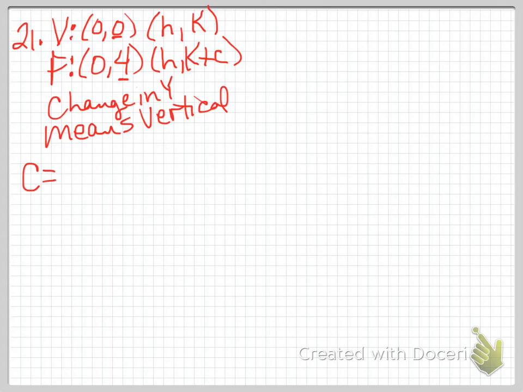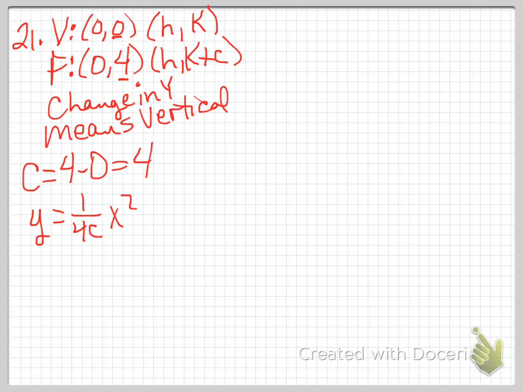And the change is in that k position, so I'm going to take 4 and subtract 0 from it. 4 minus 0. So I have a c, or a focal length, of 4. Okay, so I'm going to now plug that into my equation. I do have a vertical graph, so y equals 1 over 4c x squared is the format that I am using.